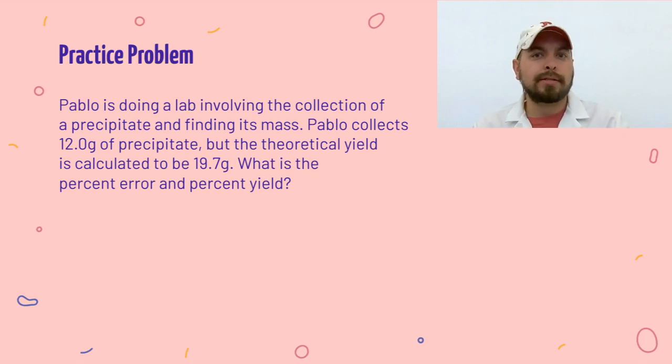So he didn't get what he expected. There's going to be error. So take a second and calculate what Pablo's percent error was. Also, tell me what Pablo's percent yield was. All right, take a second and solve for both percent yield and percent error.